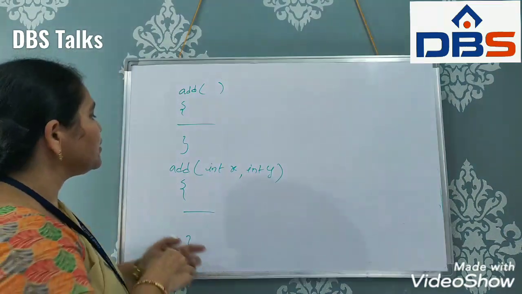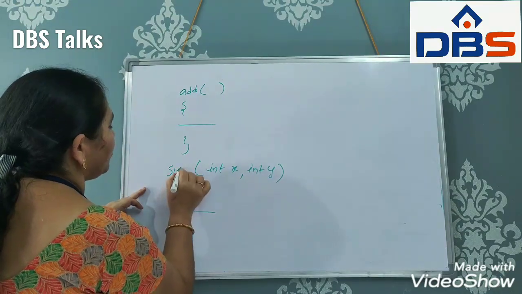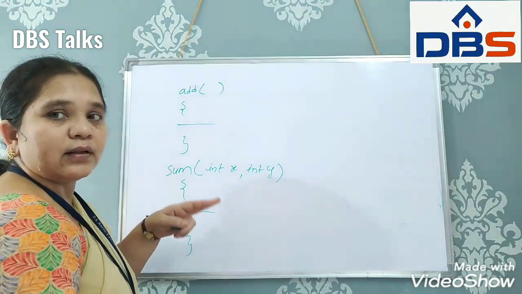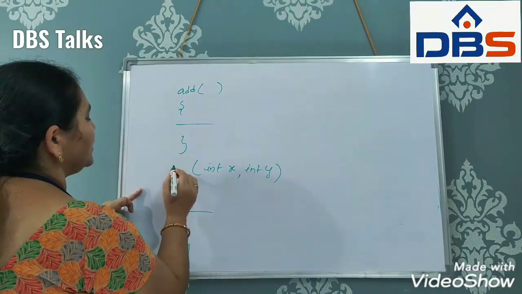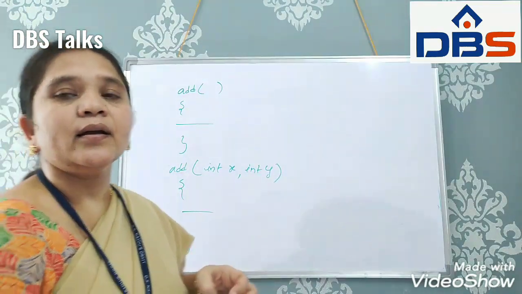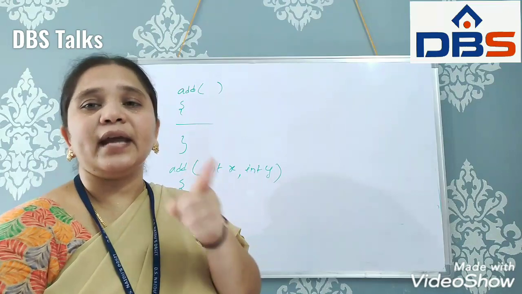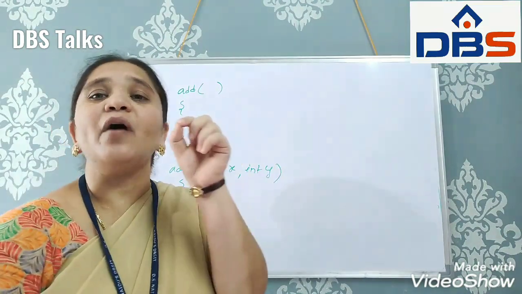Unique name means, suppose I am using add, I need to use sum here, whatever it may be. It will not accept the same function or method name, and it will use the same data type here and here, and the same order.